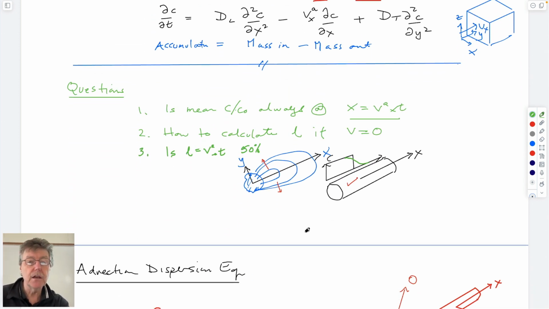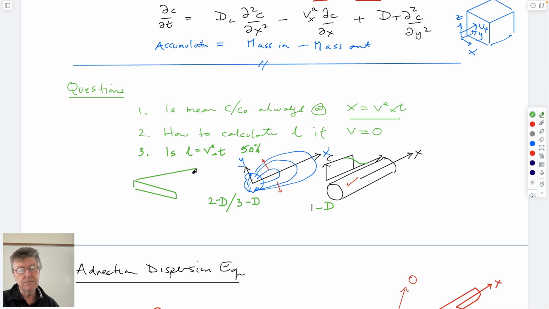So these are the geometries that we'd like to look at. This is the 1D geometry that we've been looking at before. This is the 3D geometry. Could be 2D, I suppose, if you look at it in plan view. If this was just an aquifer of constant, relatively thin thickness that looked like this, then maybe this distribution that we see here is really just two-dimensional rather than three-dimensional.